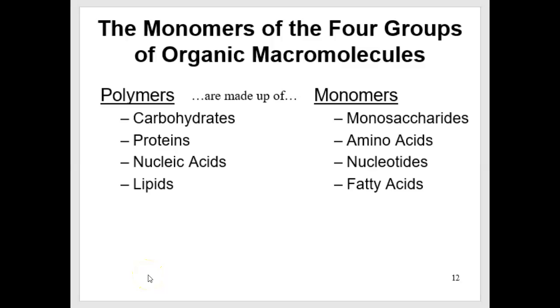Okay, so there's 4 groups of organic macromolecules: carbohydrates, proteins, nucleic acids, and lipids. They're all considered polymers, and they're all made up of individual subunits, which we generically call a monomer. But of course, each category has a different type of monomer.